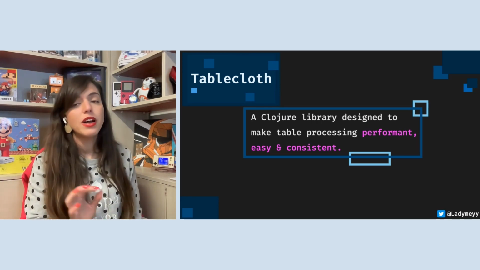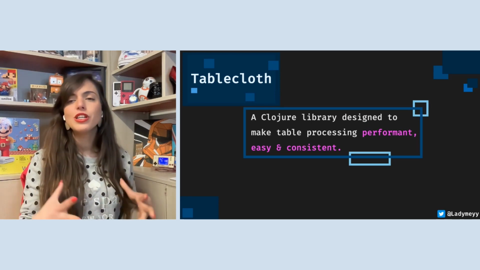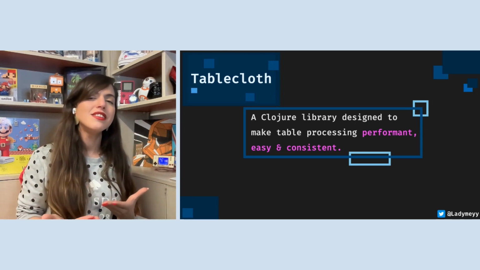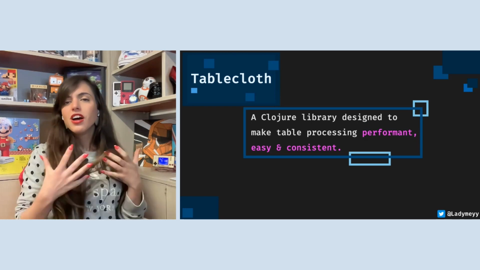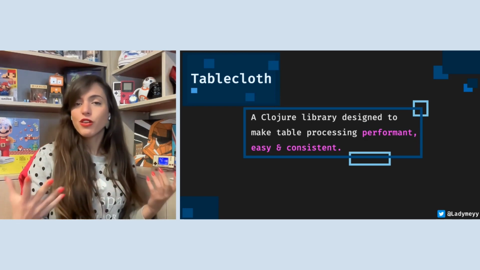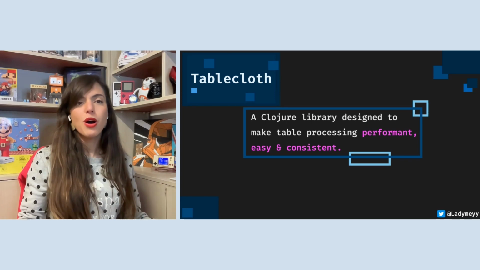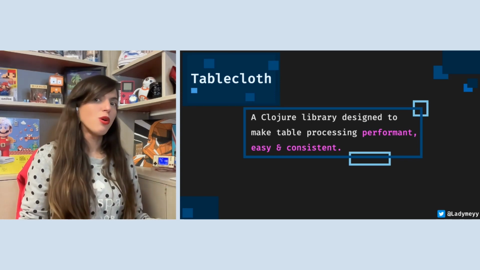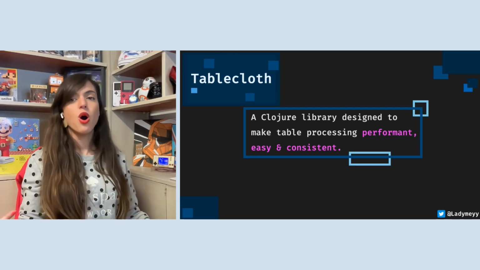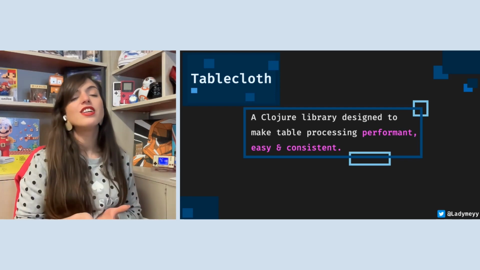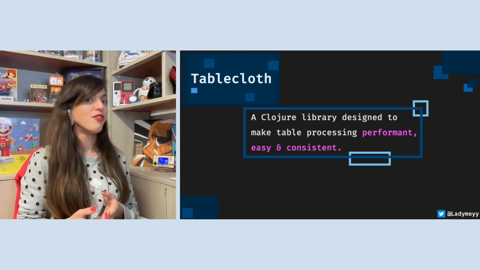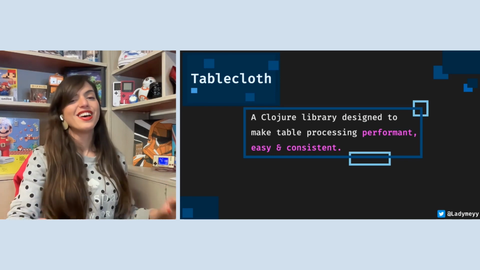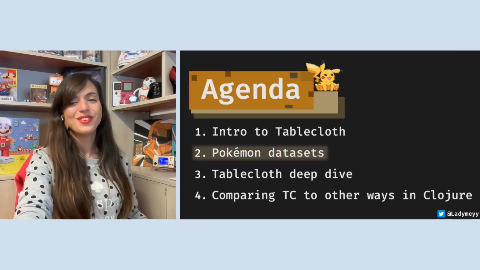And when I say developer enablement, I mean how much human time is invested in getting things done. Is it easy to use? So when I say performant, I mean both developer enablement, this is the kind of performance, and also performance as we all know. And I can assure you that Tablecloth provides both, but you know what? Don't take my word for it. Let's just see that in the next few slides.